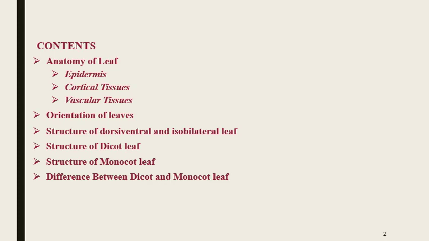In addition to these tissues, we will discuss orientation of leaf, structure of dorsiventral and isobilateral leaf, dicot and monocot leaf structure, and at the end, difference between dicot and monocot leaf.